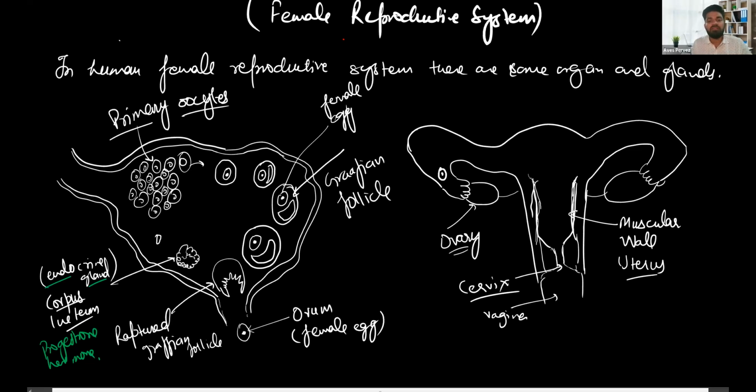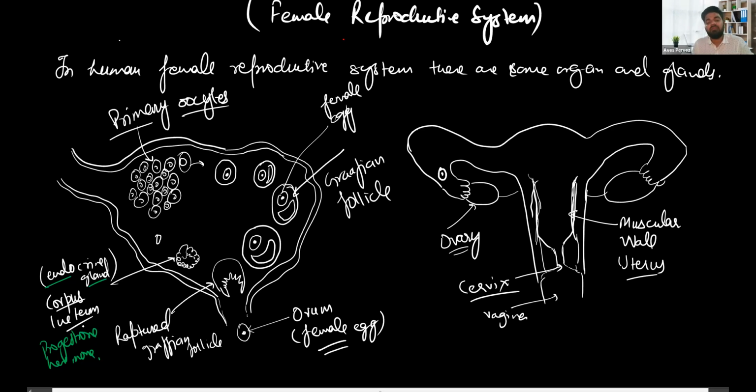Okay, and this step is called ovulation. What do we call it? Ovulation. After some time, this ruptured follicle becomes a special endocrine gland, we call it corpus luteum, that secretes progesterone hormone. Okay, understood?